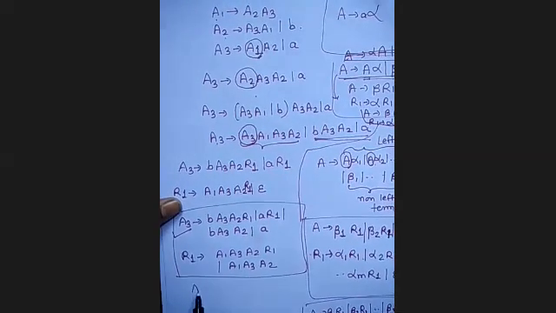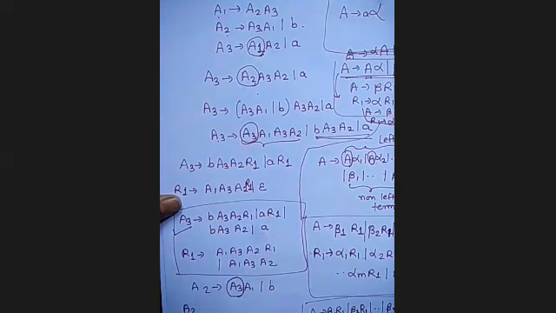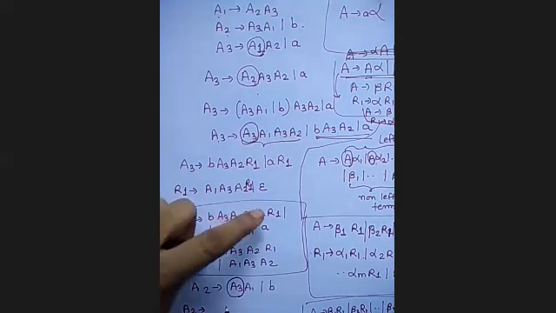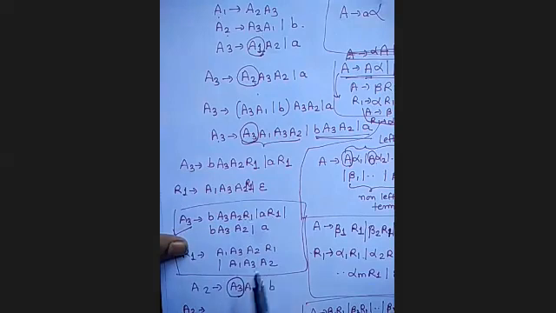For A2, right now A2 is what? A3, A1 or B. So what I told you, substitute the productions of A3 here. If I substitute the productions of A3 here, how many productions are there for the A3? 4 productions. Each of these is then followed by what? A1. So what you will get?